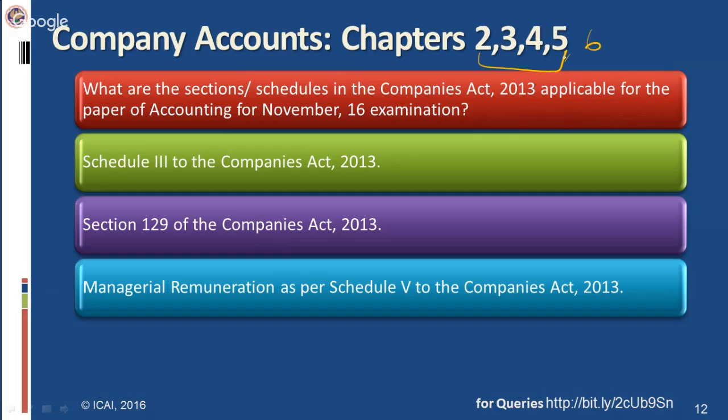If you do not remember the schedule while solving the accounting question in your examination, you will not be able to answer. Even if you have prepared the correct balance sheet, the total is matching, everything is fine, but if it is not in the schedule format, then you will not get any marks. Schedule 3 is very important, and you have to give your balance sheet and statement of profit and loss in the prescribed format.